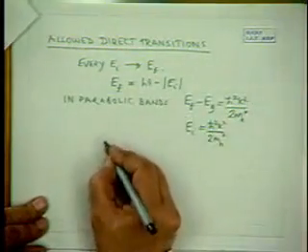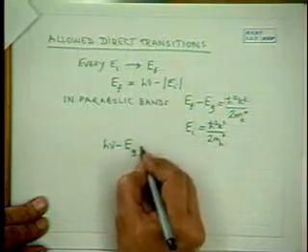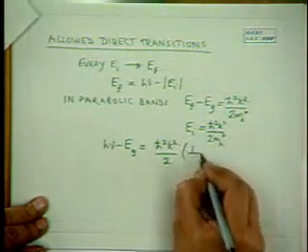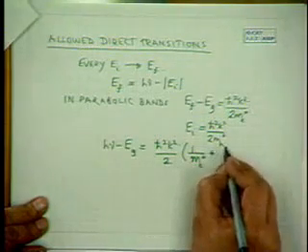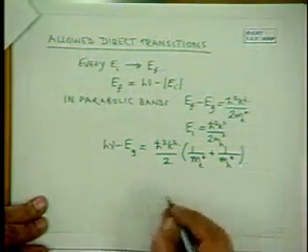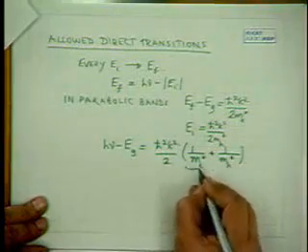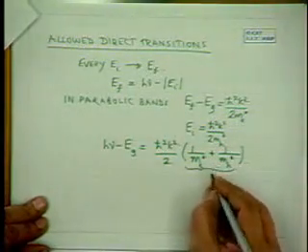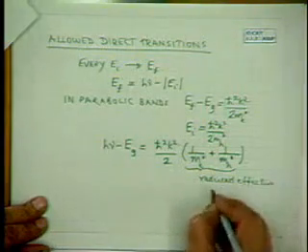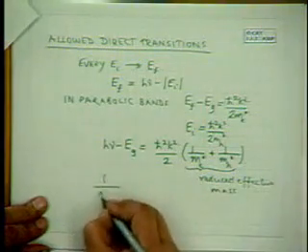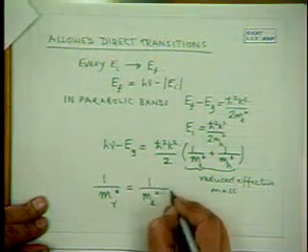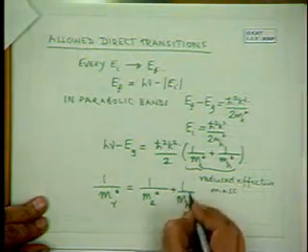So using these expressions, we find that h nu minus Eg is h squared k squared by 2 times 1 by me star plus 1 by mh star, and we can say that this is a reduced effective mass, such that 1 by mr star is equal to 1 by me star plus 1 by mh star.